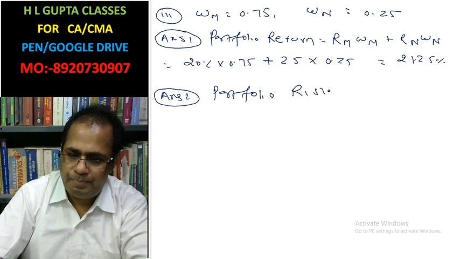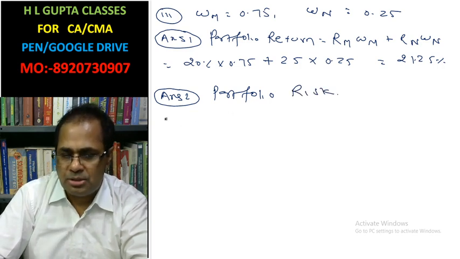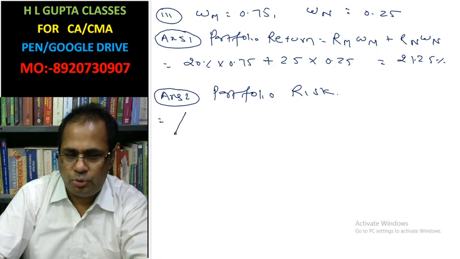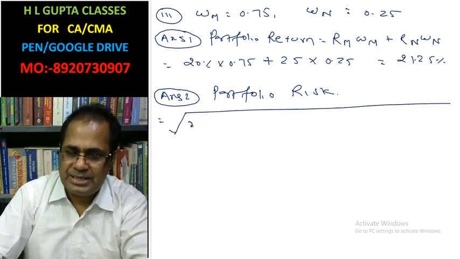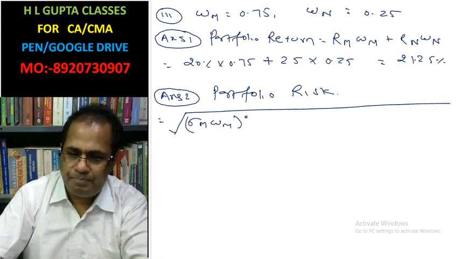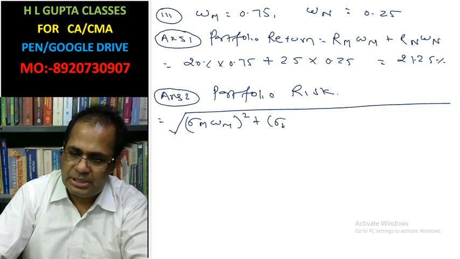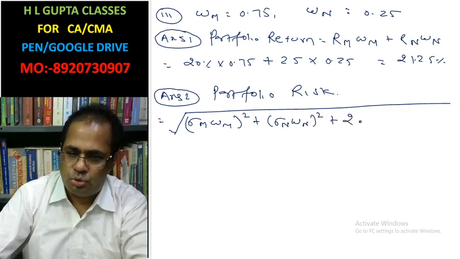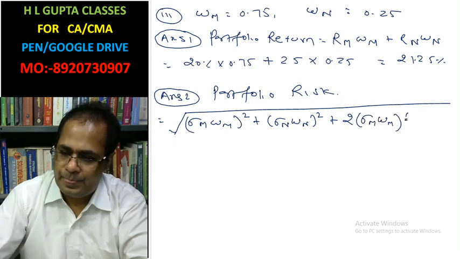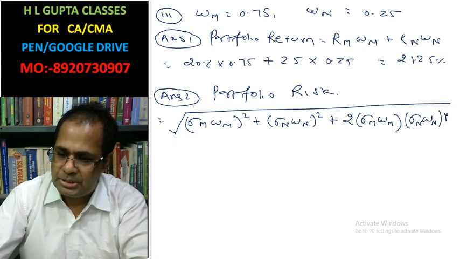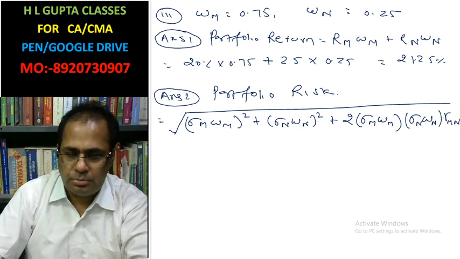Portfolio risk. What is the formula of portfolio risk? Root under the standard deviation M, weight M whole square, plus standard deviation N, weight N whole square, plus 2 into standard deviation M, weight M, standard deviation N, weight N, coefficient of correlation MN.